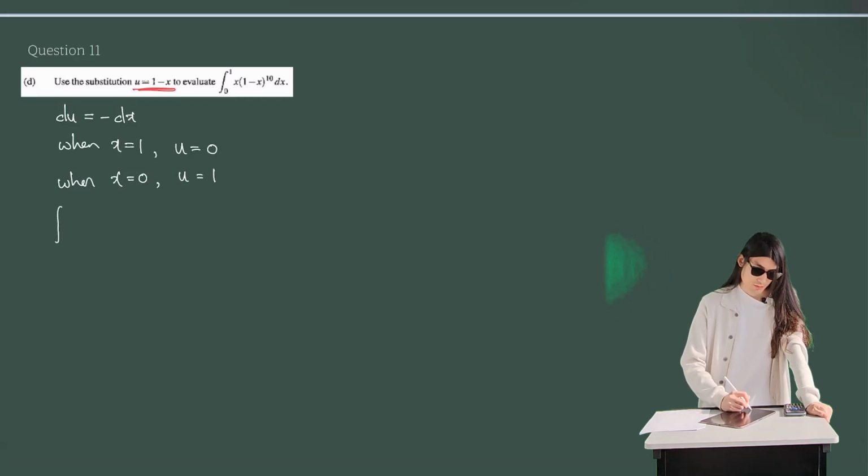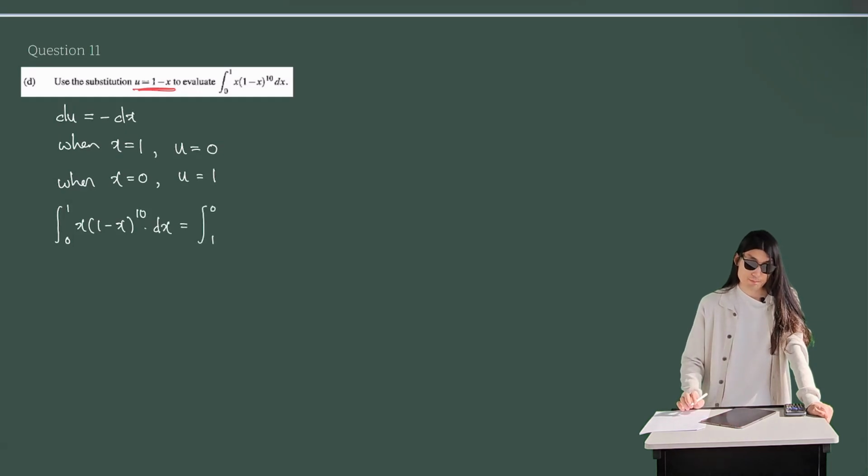So the integral from 0 to 1 of x times (1 minus x) to the power of 10 dx will be equal to, the boundaries would flip. And of course, since u is equal to 1 minus x, well then x will be equal to 1 minus u, wouldn't it? I subbed in u into this x over here.